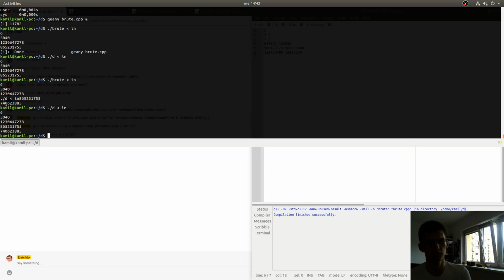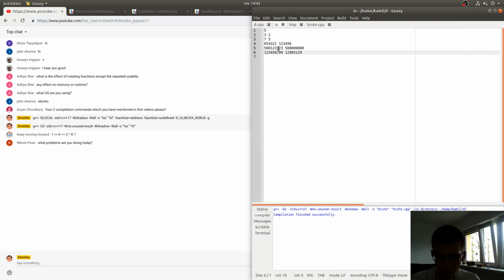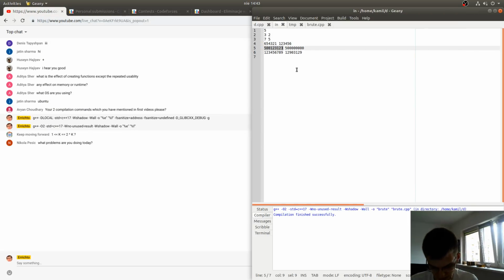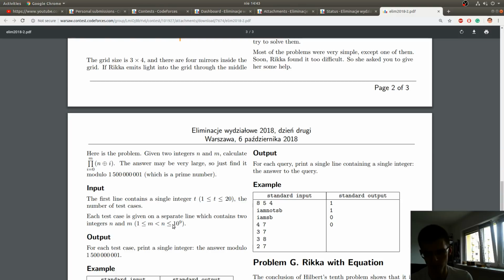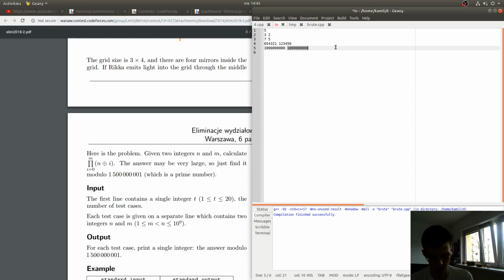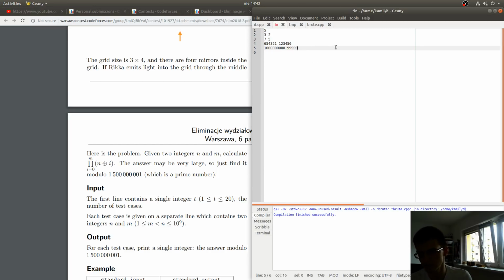But what we can also do is create a max test. So let n be exactly 1 billion. And I think the statement didn't allow n equal to m, so let's make it 999,999.